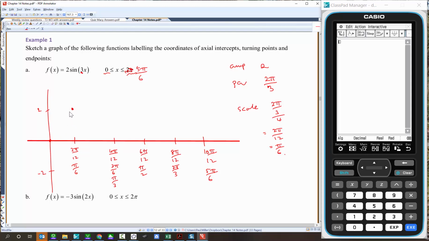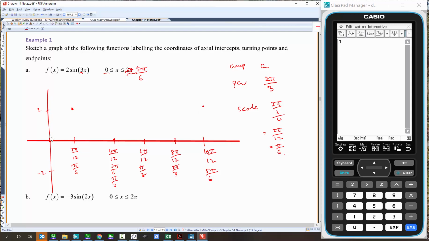So it starts at the origin, up, down, down, up, up. Sine will just follow that basic procedure.